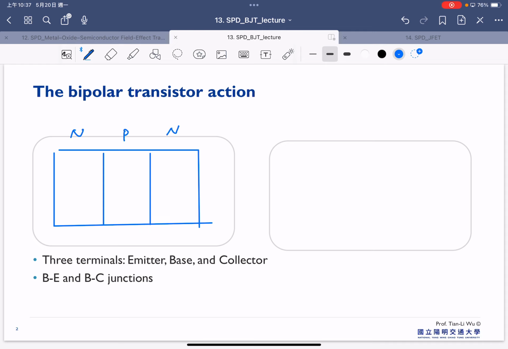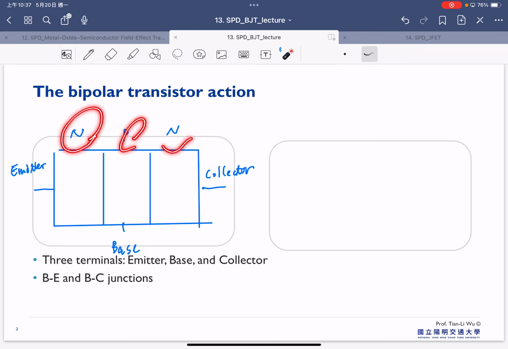We have the emitter on the left-hand side, the collector on the right-hand side, and usually we also have the base region. We have the base connection in the middle here.